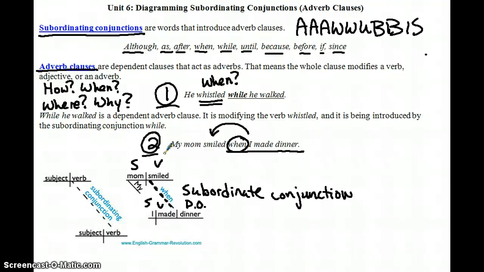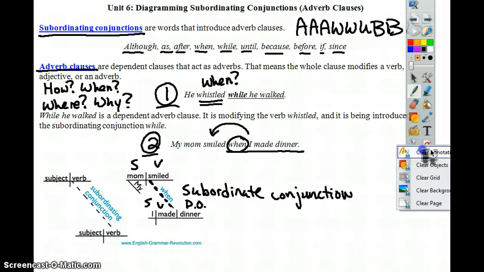Don't be confused by that. If you see a clause with an AWUBIS word first, it's still the dependent clause. It's just being used as an introductory clause. That's why the comma is there. And you would diagram the independent one first. You'll see that in some of our examples. Let's move on.